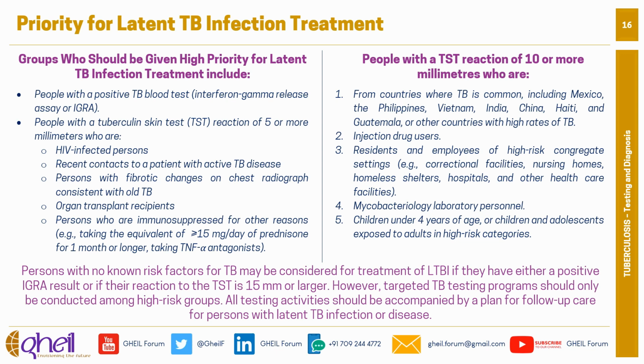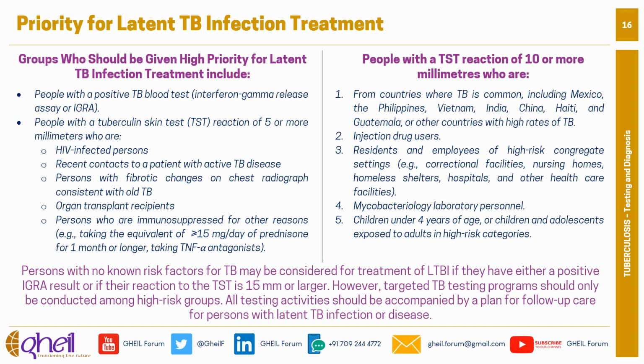Recent contacts to a patient with active TB disease. Persons with fibrotic changes on chest radiograph consistent with old TB. Organ transplant recipients. Persons who are immunosuppressed for other reasons, for example, taking the equivalent of greater than or equal to 15 mg/day of prednisone for 1 month or longer, taking TNF-alpha antagonists.